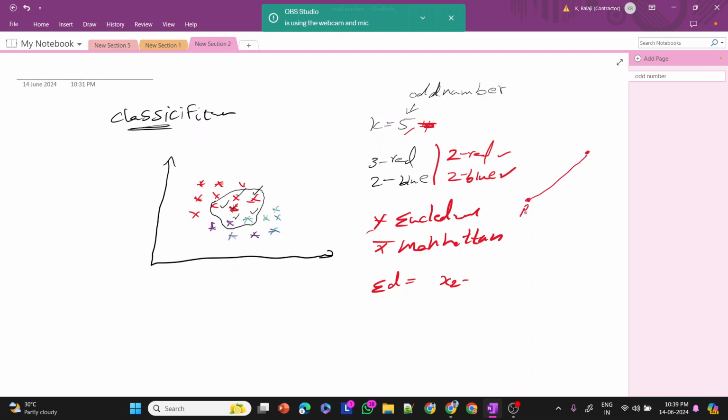For example, this point is P1 and it is represented as x1 comma y1, and this point is Q, represented as x2 comma y2.